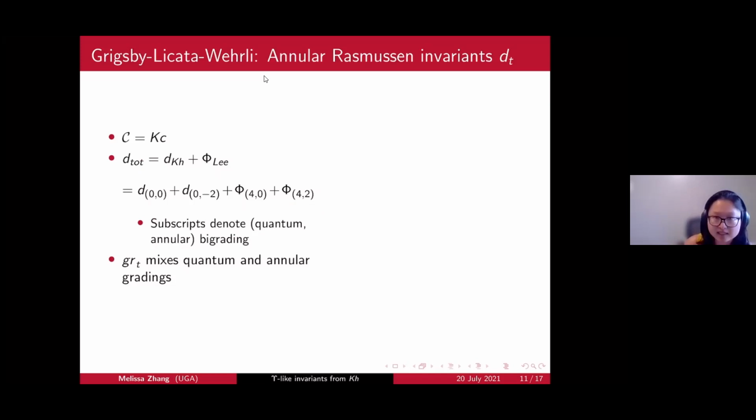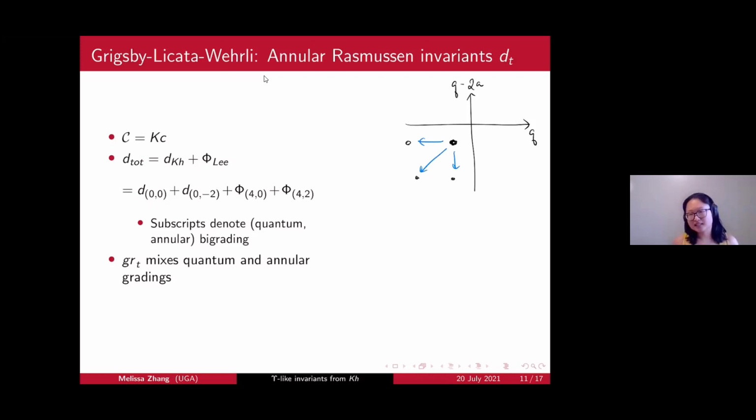So by mixing these, you'll get something like this. So you have some generator here, and if your axes are something like quantum minus 2 times annular and quantum, then you get this picture of differentials that look like this.